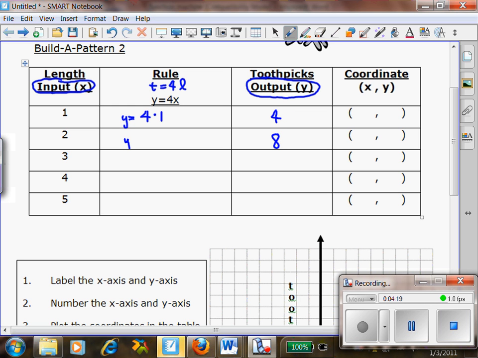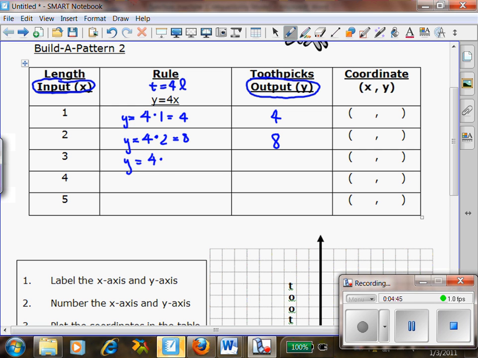If I do it over here, my output, which is what I'm looking for, is going to be 4 times the length, which is the input, 2, which gives me 8. That's how I got this number over here. So I could keep going and just follow my rule. That's the reason why you came up with it, is to make your life easy peasy lemon squeezy.